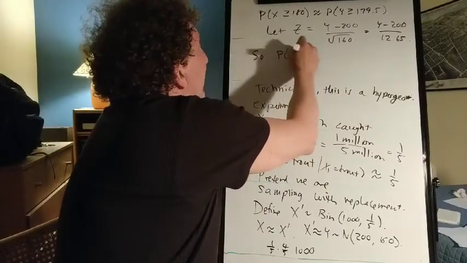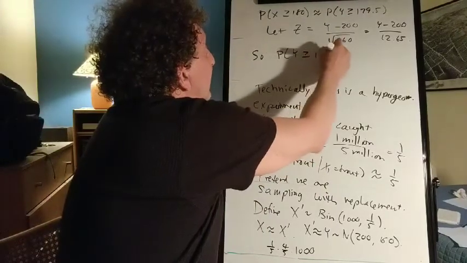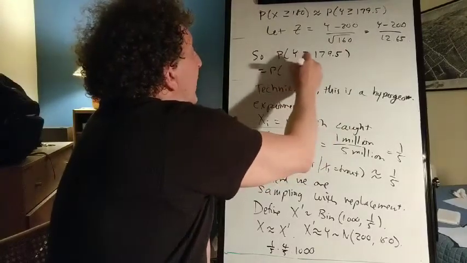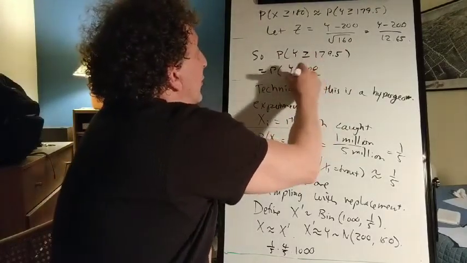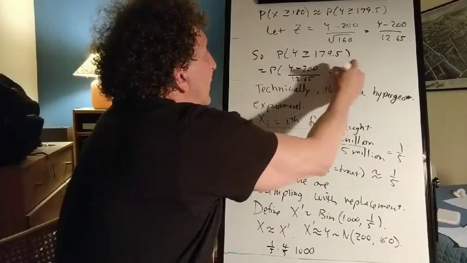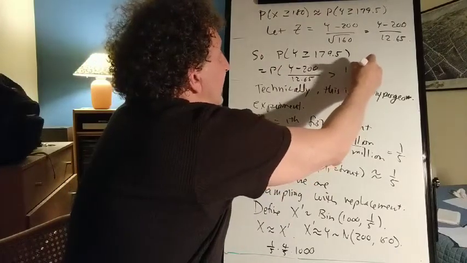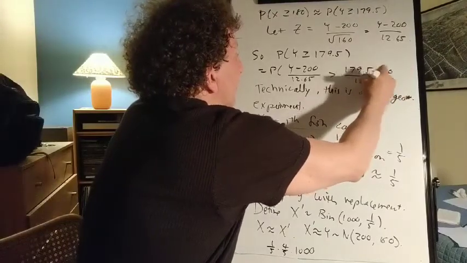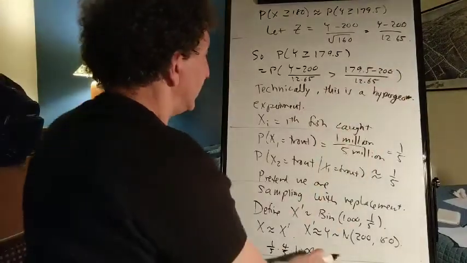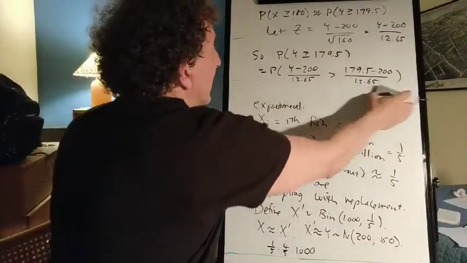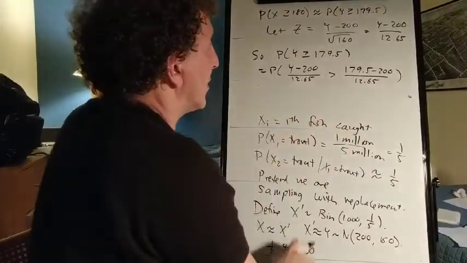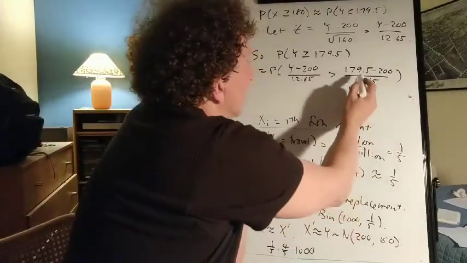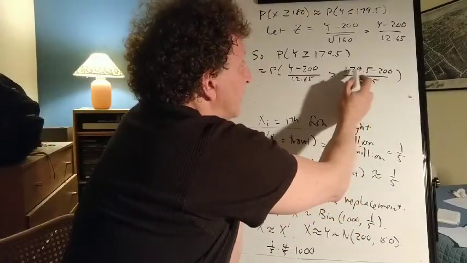So the probability that y is at least 179.5 is the probability that y minus 200 over 12.65 is greater than 179.5 minus 200 over 12.65. And this is, let's see, that's 0.5 less than 180.